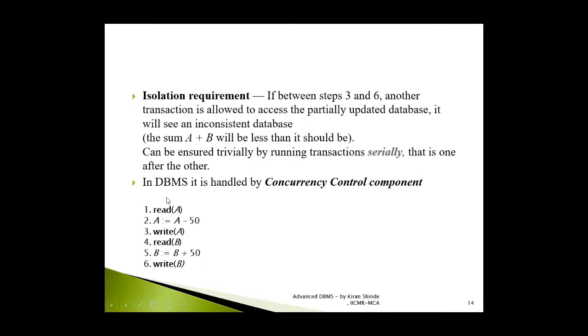It will finish all its operations and commit, and only then will the second transaction start. With this, no partial value will be read by any intermediate transaction. So executing the transactions in a serial manner will end up ensuring isolation. In DBMS, this is handled by the concurrency control component.